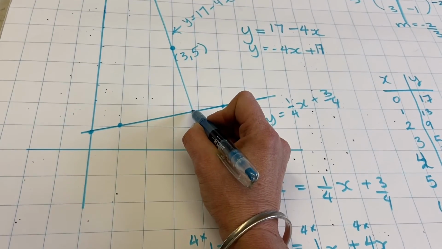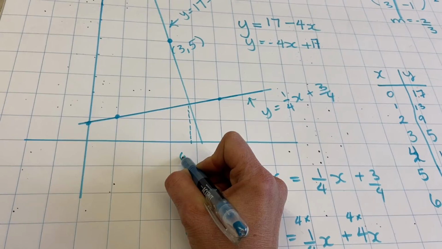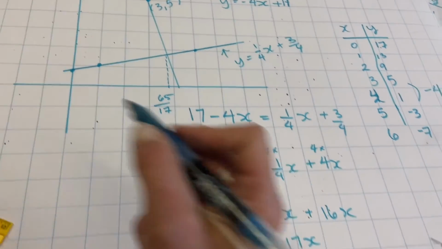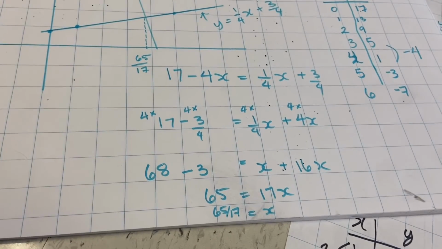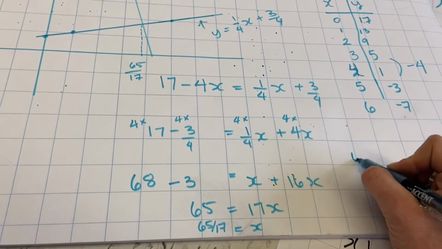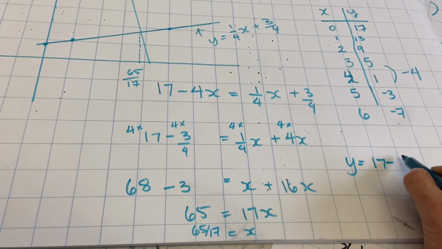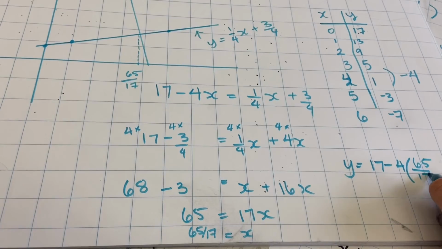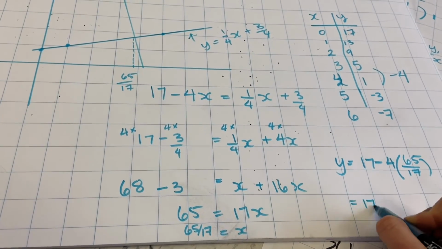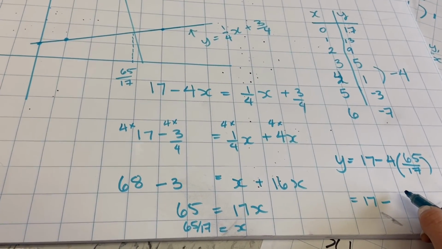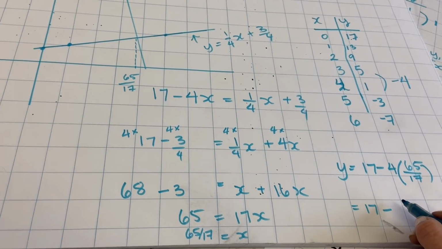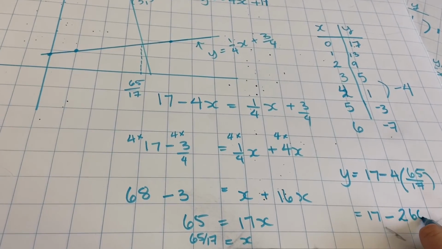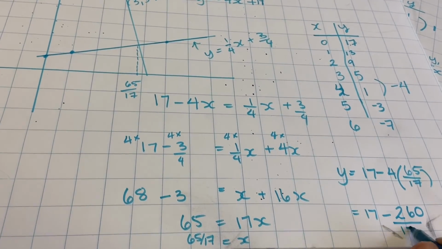So that means my x is 65 over 17. This x value right here is 65 over 17. So we know the x value. Now we want to find the y value. To find the y value, all I need to do is pick either one of the equations, put that x into the equation, and I get 17 minus 4 times 65, which is 260, over 17.